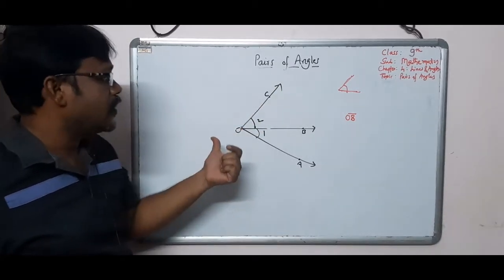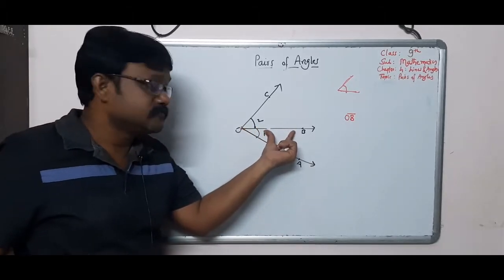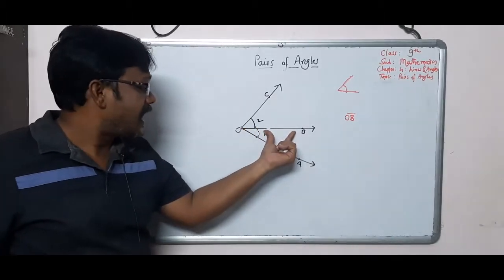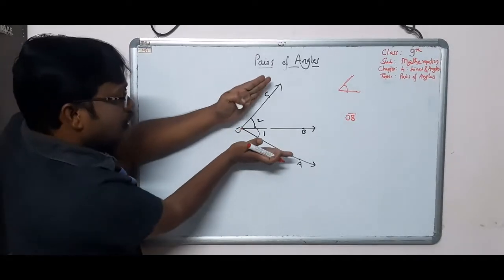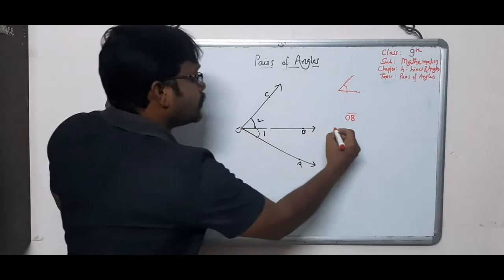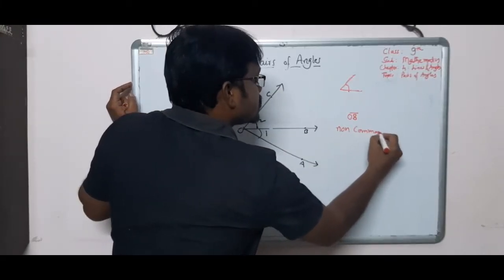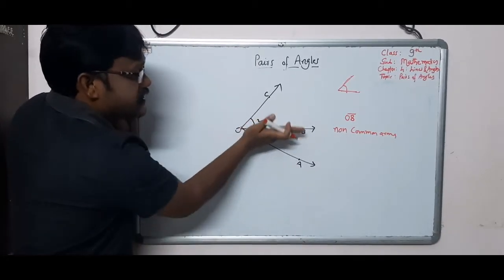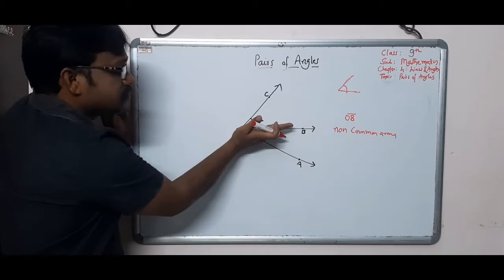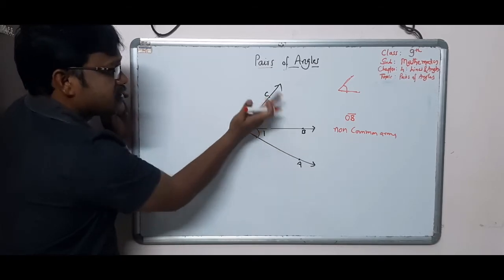So here what I found is a common arm for two angles as well as a common vertex, and these two are called non-common arms. Non-common arms, that means different arms lying on either side of this common arm. OA is this side, OC is this side.